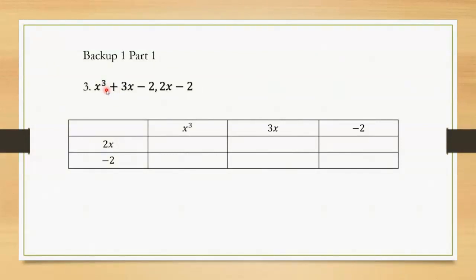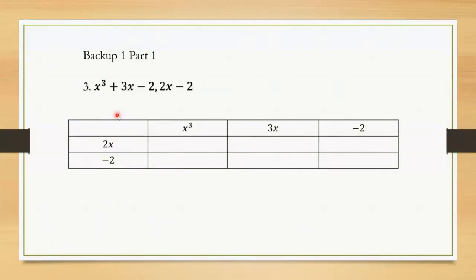So some people will put 0x squared in here, and that, of course, gives you an extra column. By putting in missing terms, it makes it so that like terms, if there are any, will be on diagonals. But again, to me, that's just more unnecessary work. So that's why I'm doing it this way.